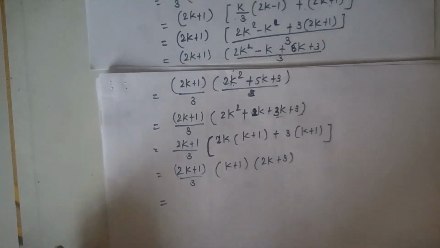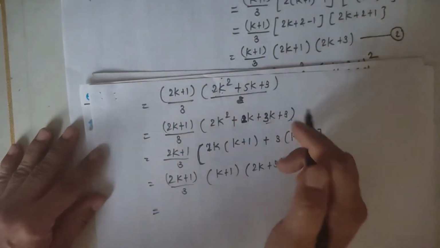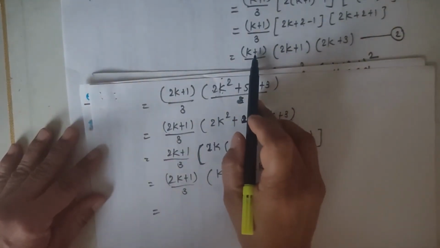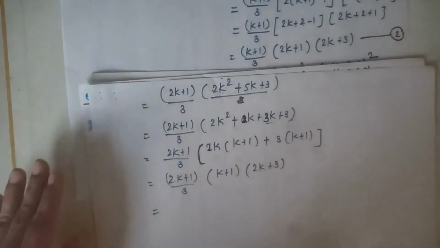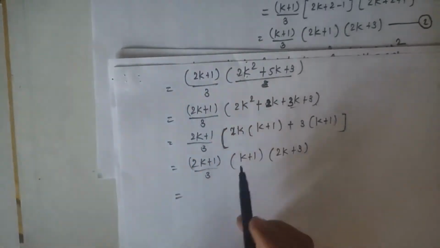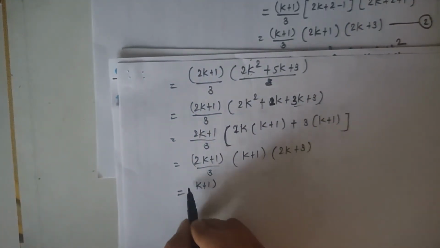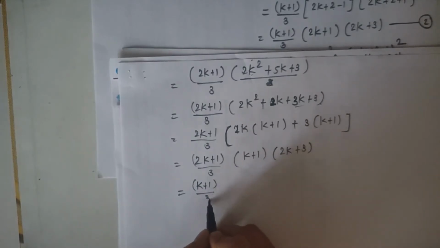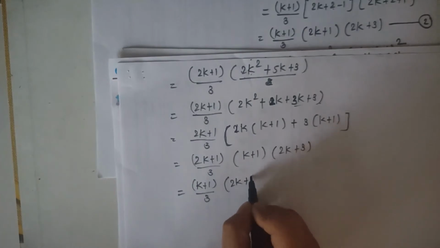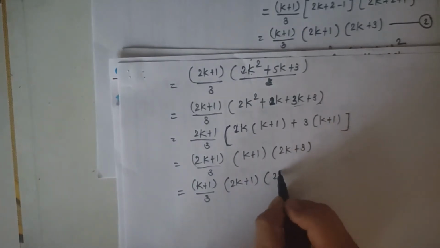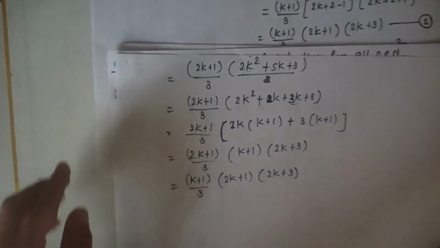And from equation 2, the RHS of equation 2 is (k plus 1) by 3, (2k plus 1) and (2k plus 3). So write in this form: here k plus 1 is the first factor by 3, 2k plus 1, written in proper form, then we get the RHS of equation number 2.